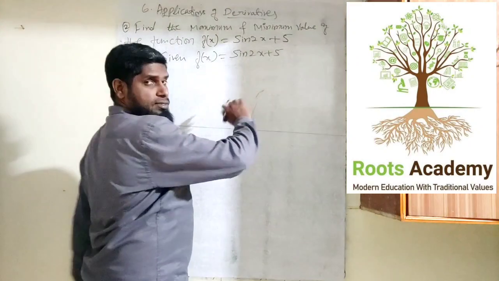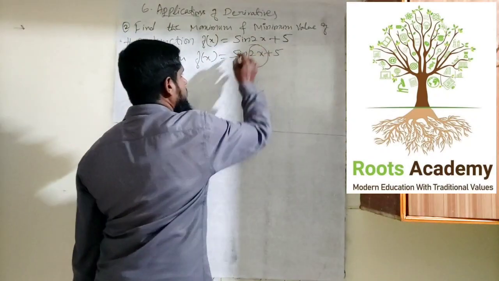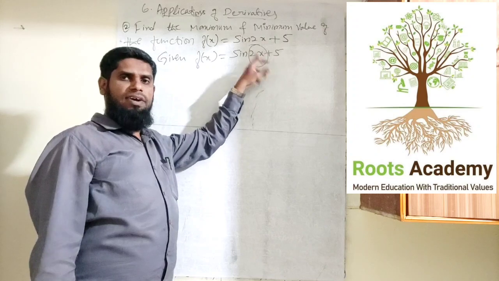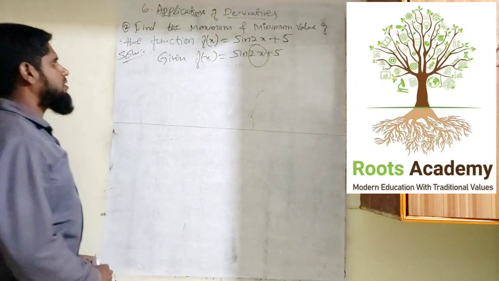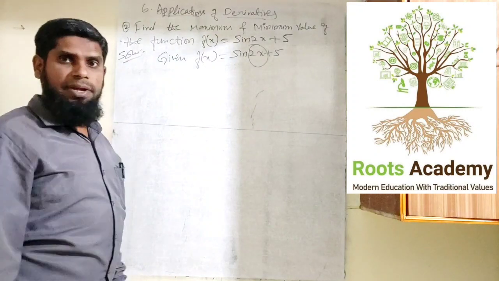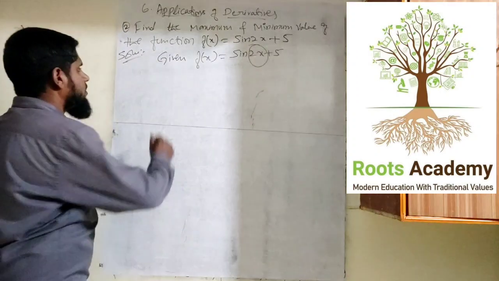Student, listen, suppose this 2x is my theta, since 2x is the angle here. Then I know that the minimum and maximum value of sine theta is -1 and +1.